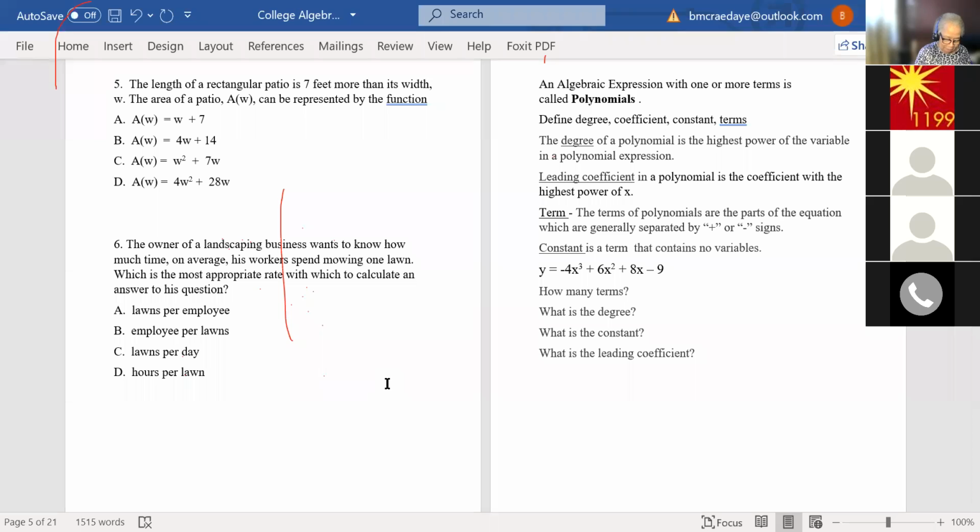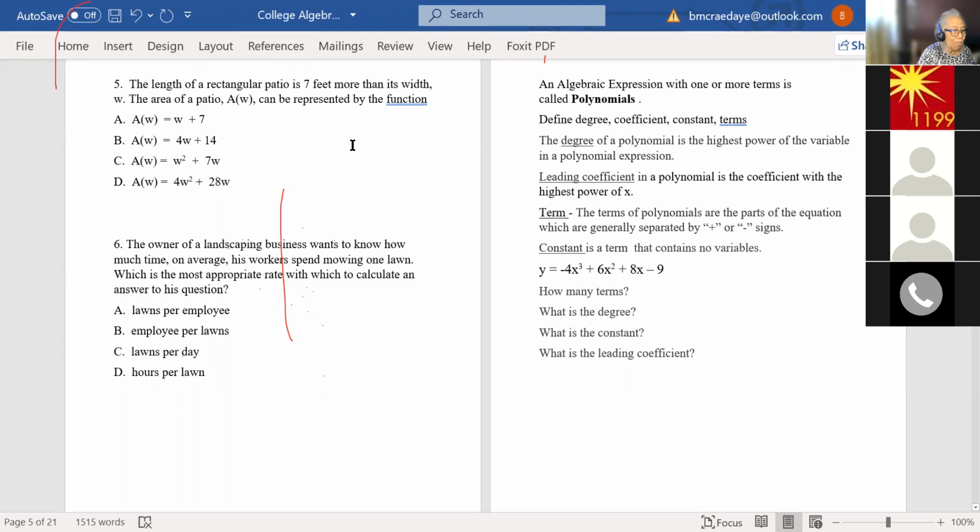Number 6 is you're just picking out the appropriate rate to calculate the answer to the question. So it's a thinking problem. And number 5 is about length and area. You know what area is, the relationship between length, width, and area.